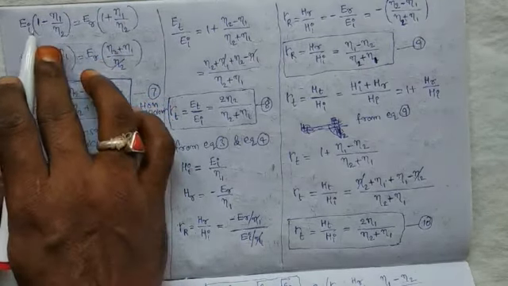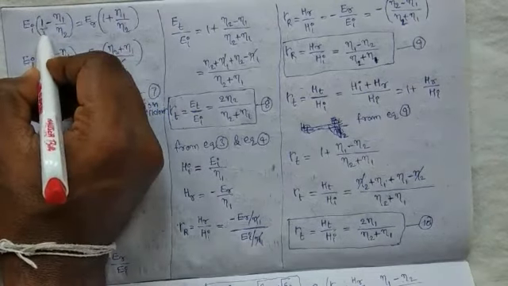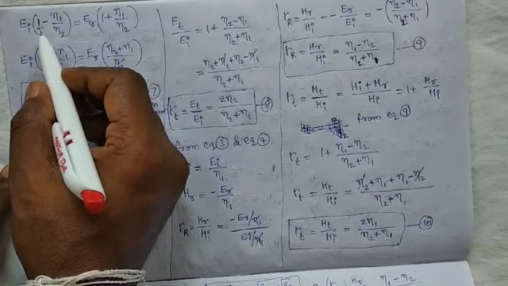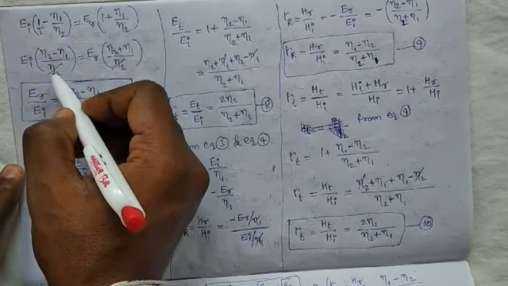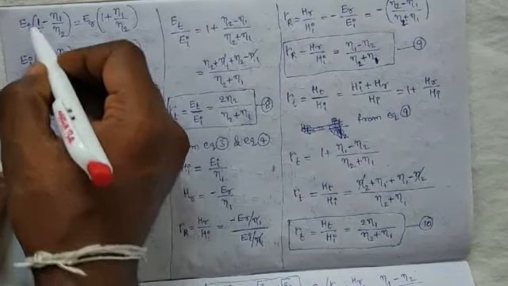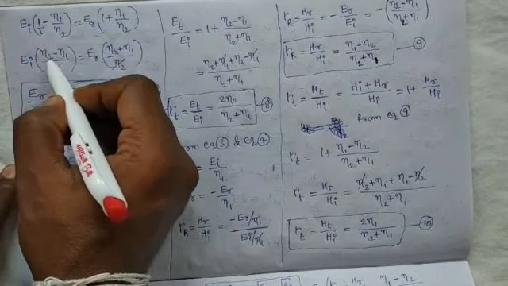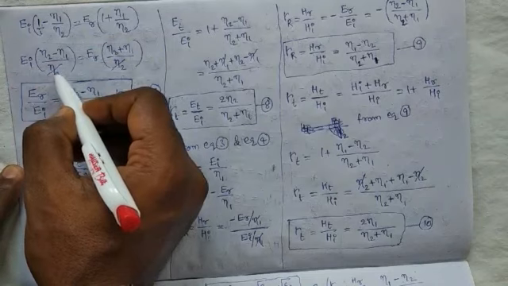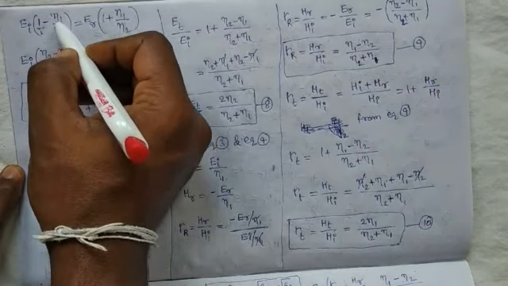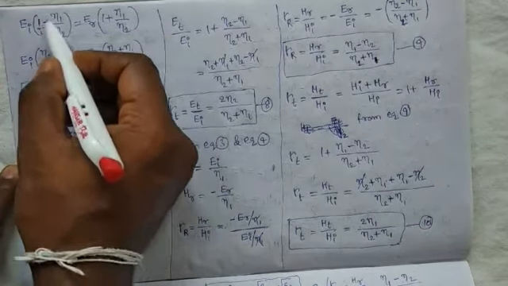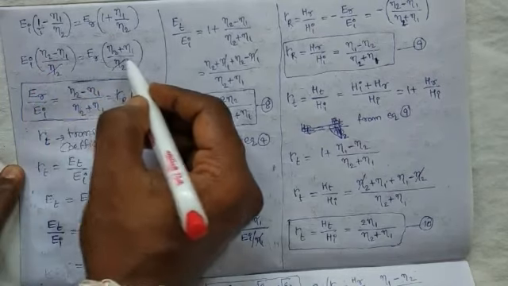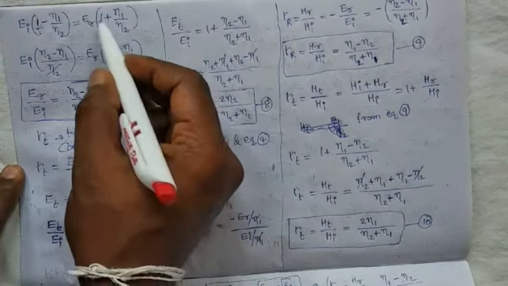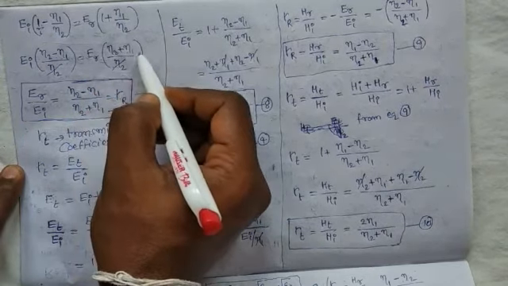Dividing eta 2 by eta 2 gives 1, and multiplying gives eta 2 minus eta 1. Similarly on the right hand side, ER with eta 2 as the LCM gives eta 2 plus eta 1.